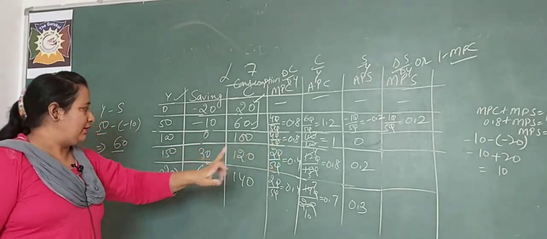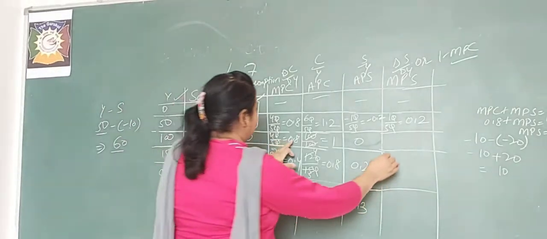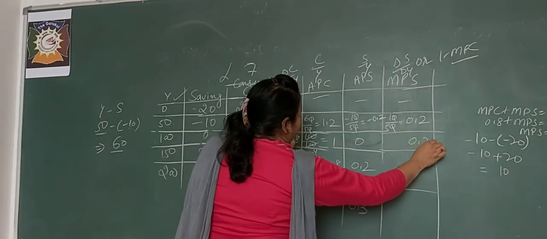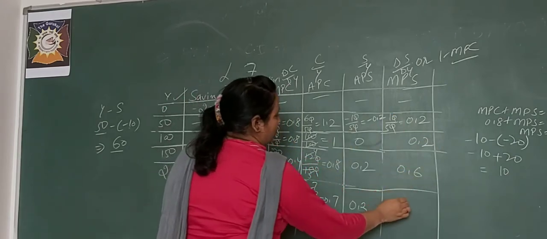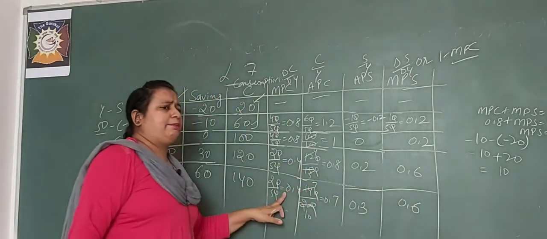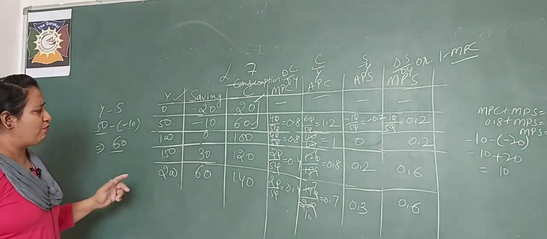Next you will find that is 0.2, next 0.6 and next 0.6, because you know this thing, MPC plus MPS is equal to 1.